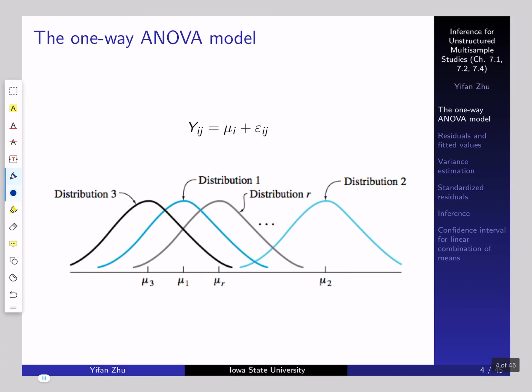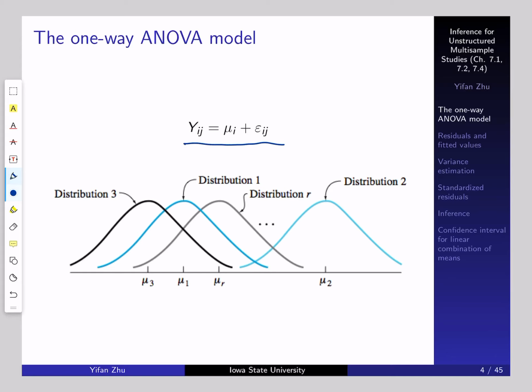This shows you what the one-way model is. This is the formula. In the one-way model, we have R levels for the covariate, and these R levels give us R samples from our populations.